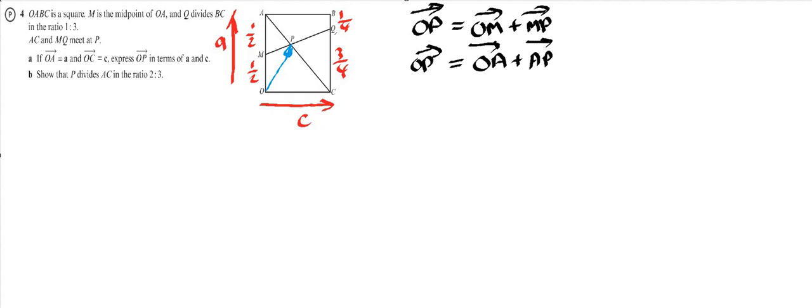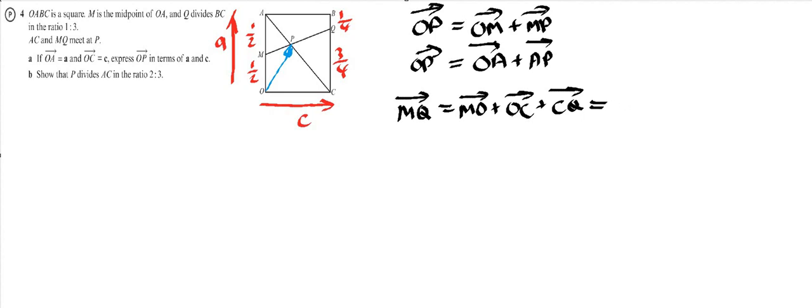So let's look at M to Q. I could get there because I know what OM is. From M to Q, for that diagonal, I'm going to go from M to O, then from O to C, and then from C to Q. So how do I do that?